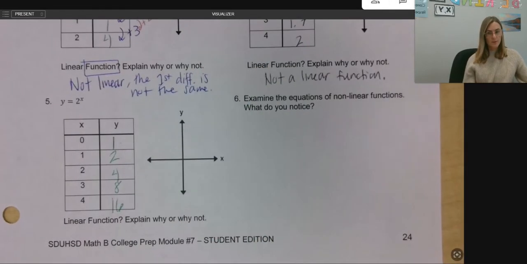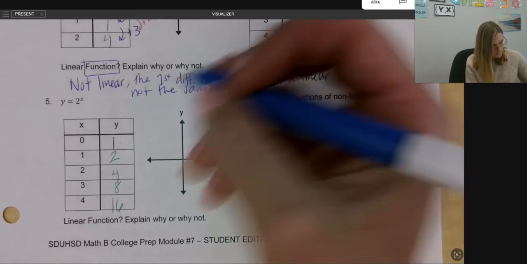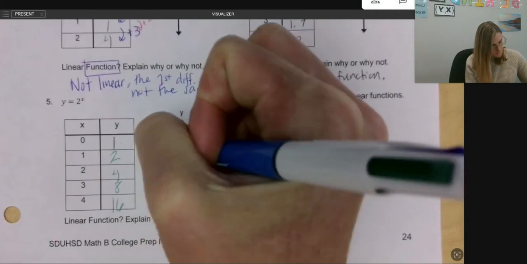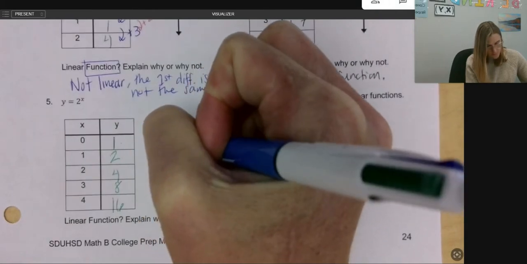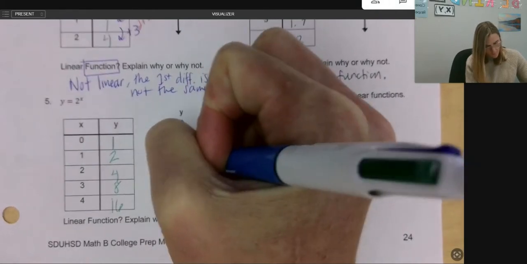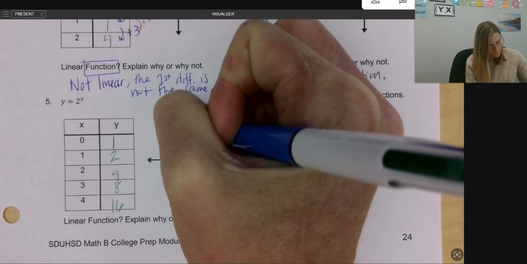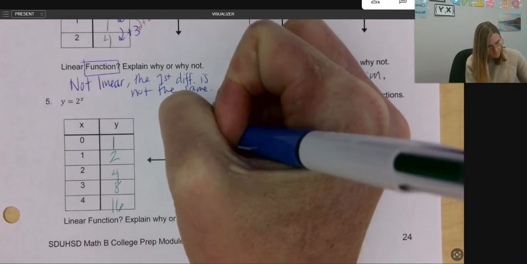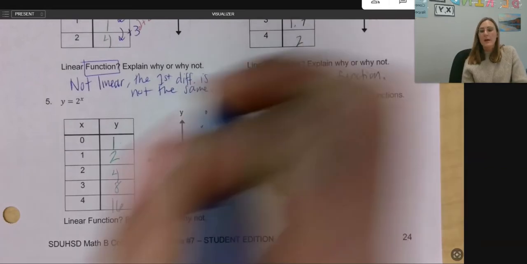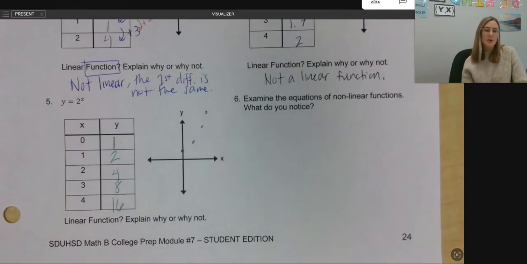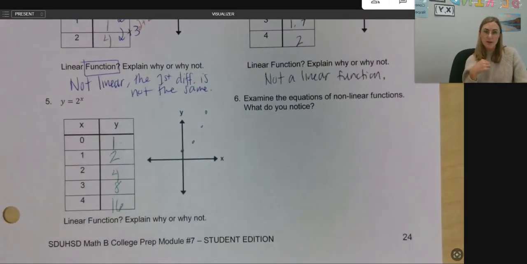So when we graph this, I'm going to start at 0, 1. Then I'm going to go to 1, 2, 2, 4, 3, 8. And we could actually go into the negatives.